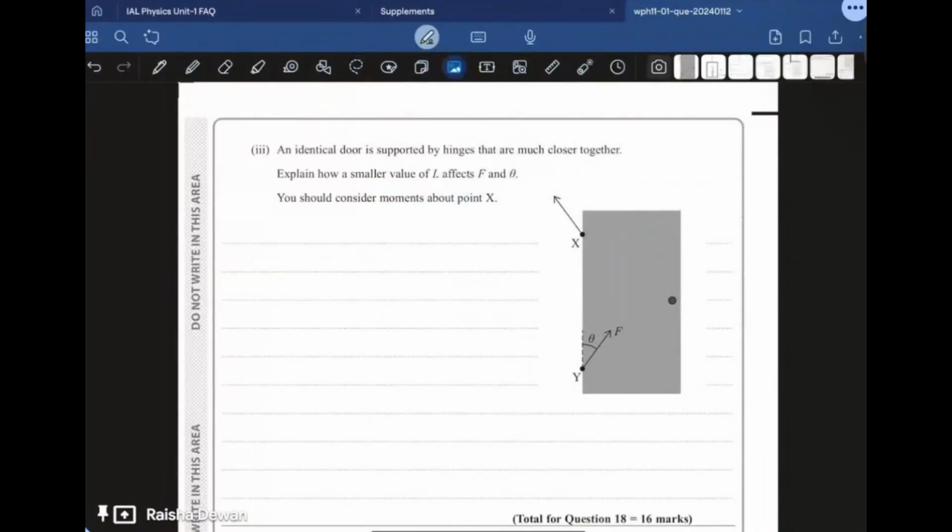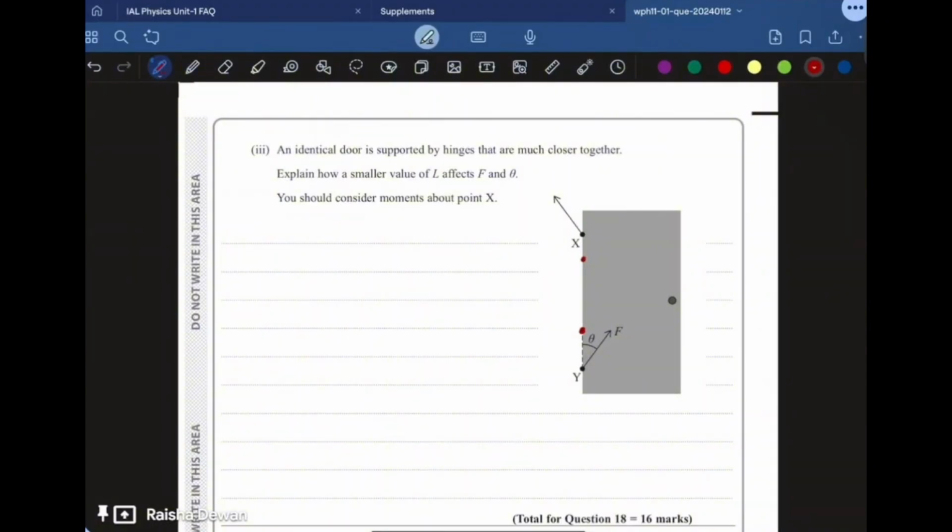Let's say these two hinges will be way more closer together, rather than this length of 1.60, so the length will be smaller between the two hinges. Explain how a smaller value of L affects F and theta. You should consider moments about point X.